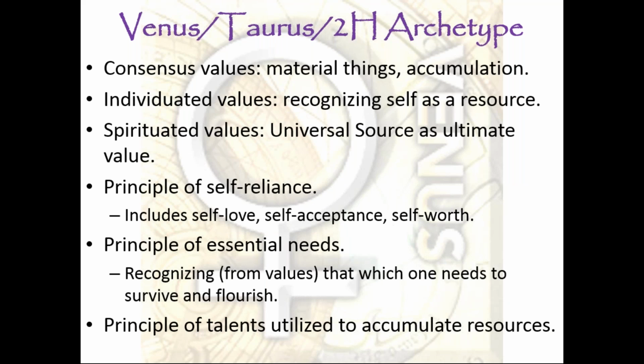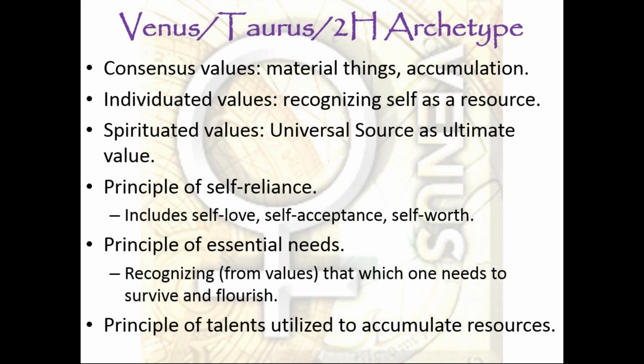As we start looking at personal values from Taurus in the second house archetype, you may have heard me say this over the years in various classes because this makes a good example. Looking at the different evolutionary states of consciousness. Consensus values are that physical world. It is the material things.